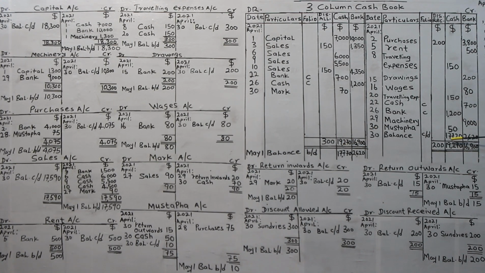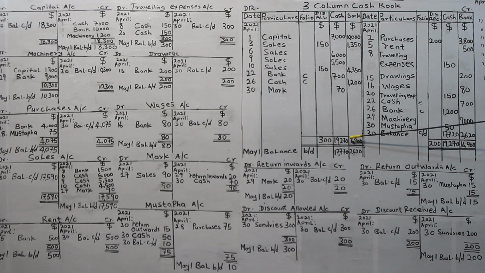Finally, this balance of 17,720, that is the balance carried down, is now taken to the debit side under the closed figure of 19,270, which represents the total cash that was received, and now shown as 17,770, which is now the balance brought down for May 1st, 2021.